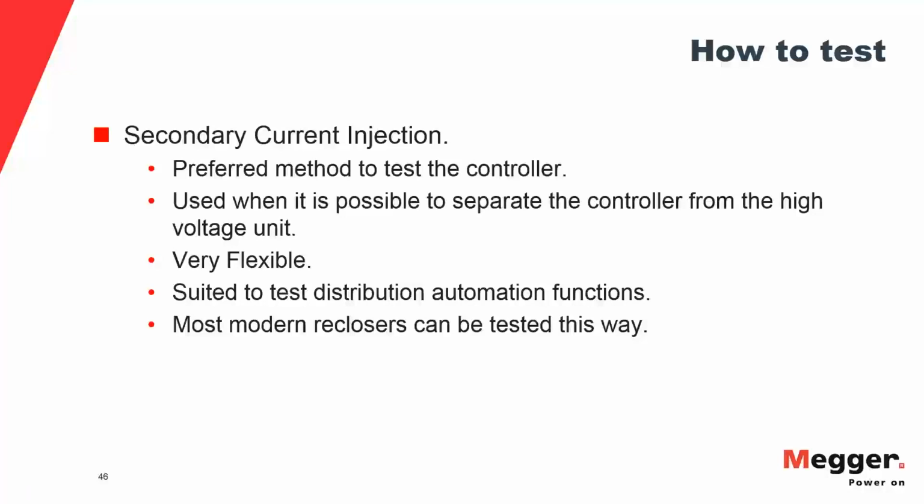Remember that when you're doing this, testing the recloser is very, very similar to testing a protection relay, and all the tools that you have for testing protection relays you can use in this scenario. It is suited to test the distribution automation functions, and well, most modern reclosers can be tested this way.